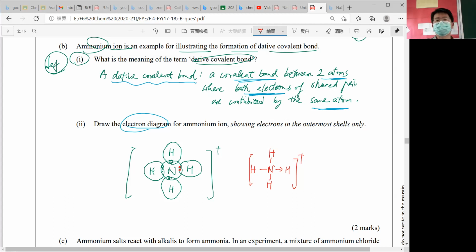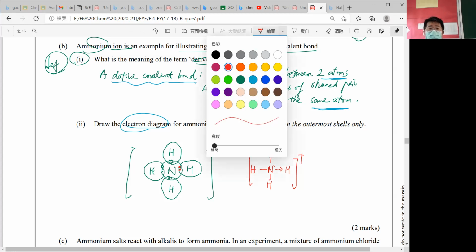Okay, is that clear? So you use simply an arrow to tell that there is a lone pair of electrons on the nitrogen atom that will form a dative covalent bond with the hydrogen ion. Can you get my point?